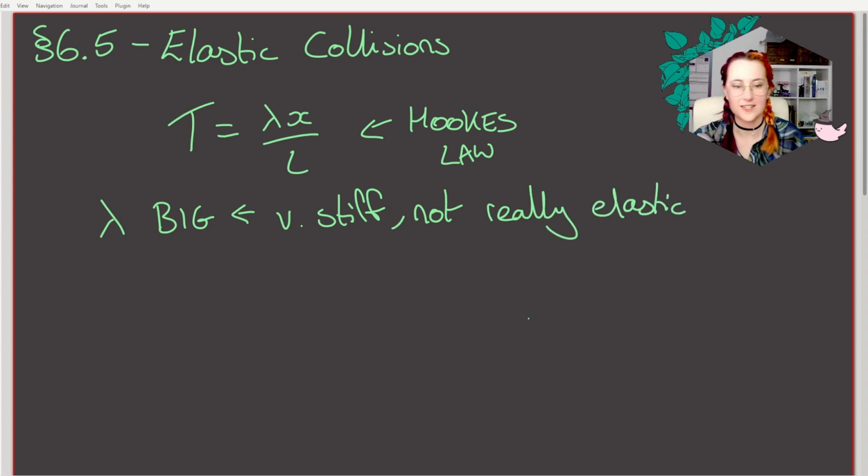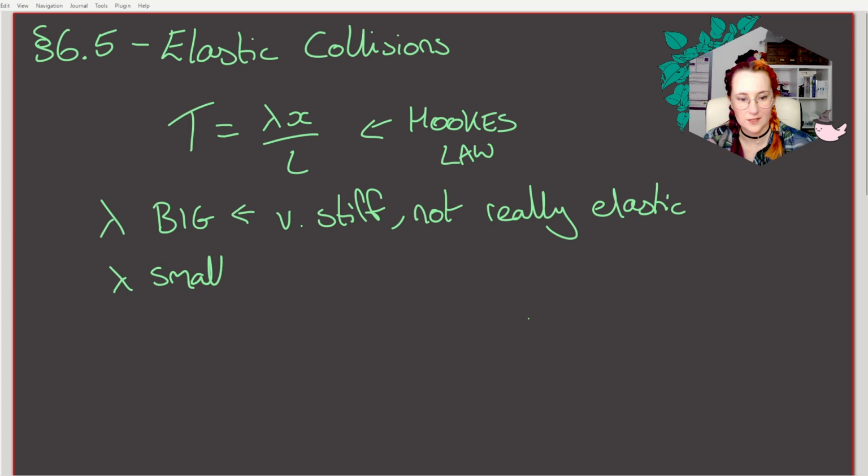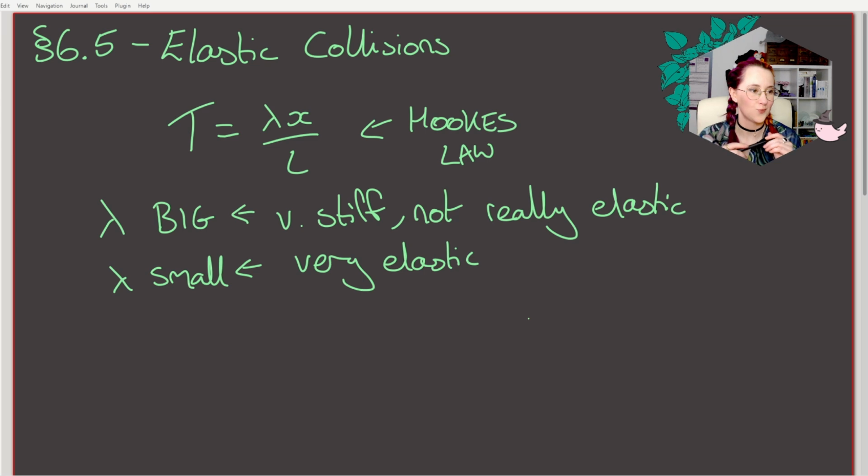Things like steel beams have a really high modulus of elasticity because they're not elastic. That thing does not want to bend. Whereas a small lambda is very elastic, like normal springs and strings, which are all really easy to move. So it gives us this nice proportionality.